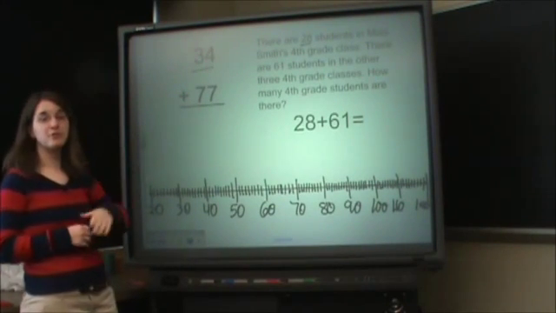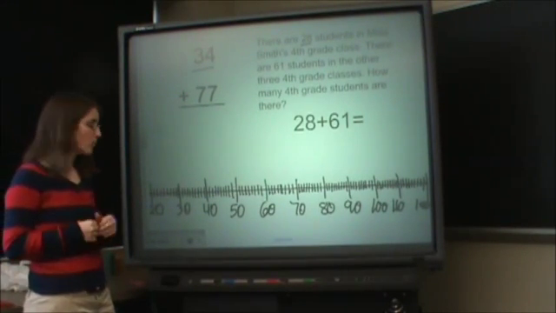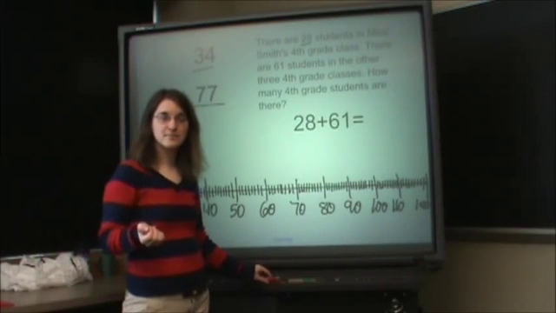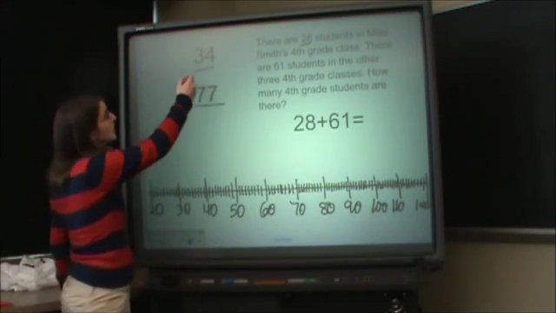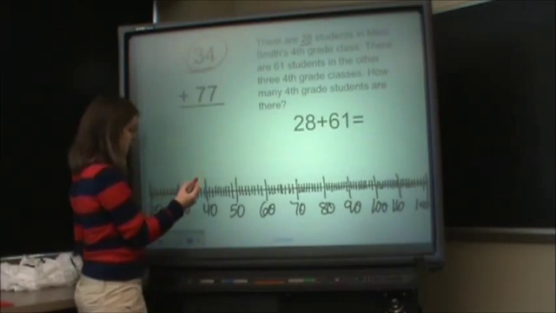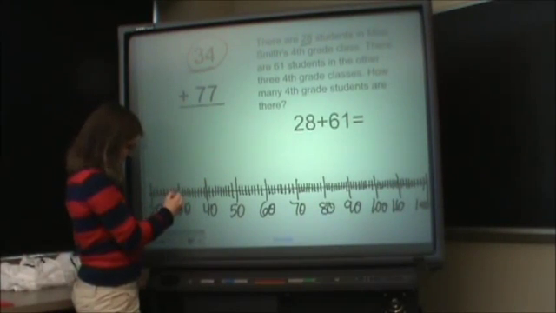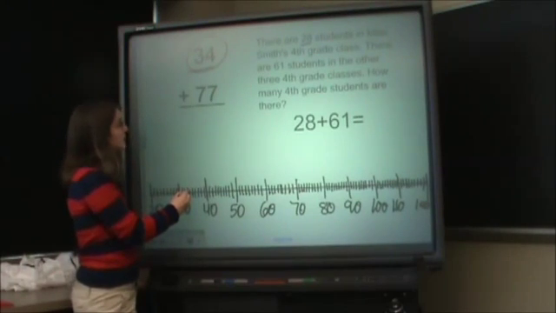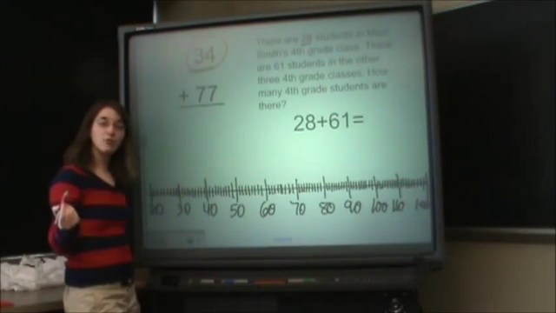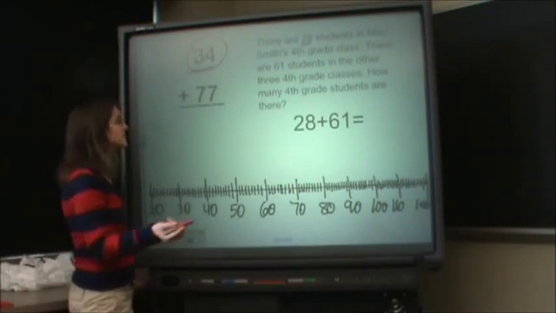Okay, so let's start with 34 plus 77. Where are we going to start for that? We're going to start at the 34. So let's see, where's our 34? So we're going to start right here. But how far are we going to hop? How many times are we going to have to hop?